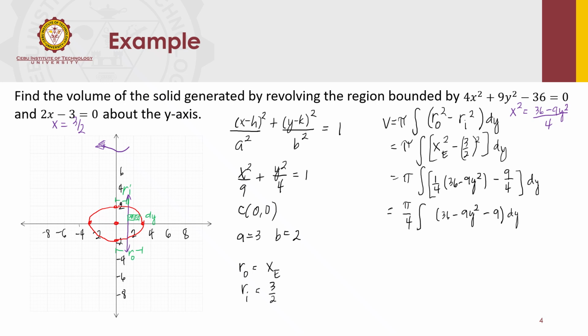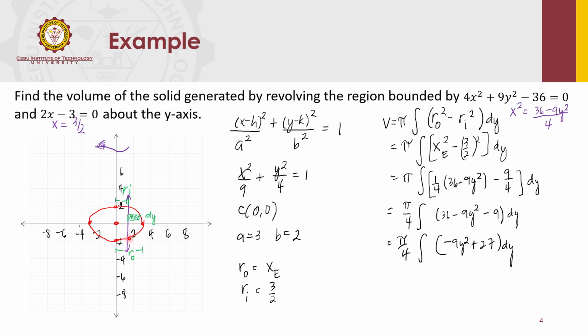So 9/4 divided by 1/4 is equal to 9. And then simplifying. So let's start with the y squared term, and then followed by the constant term, 36 minus 9, so that's 27. And the limits are y values.